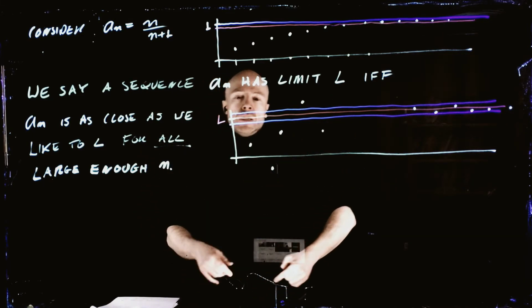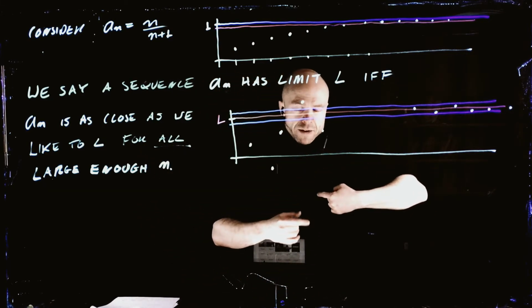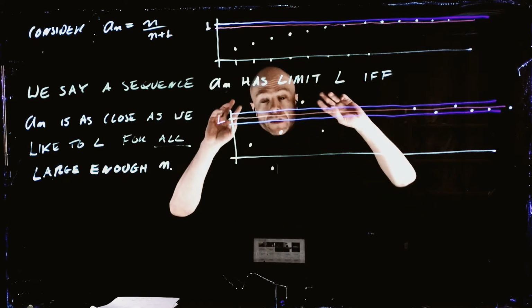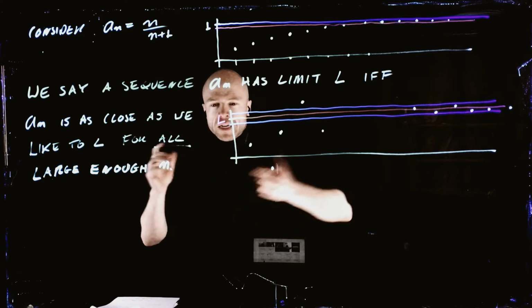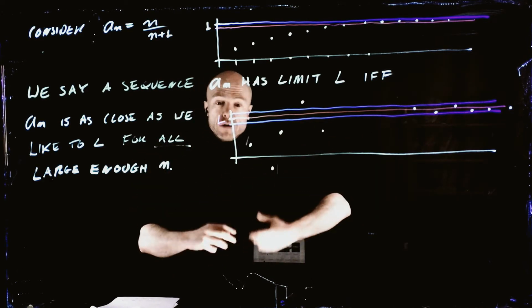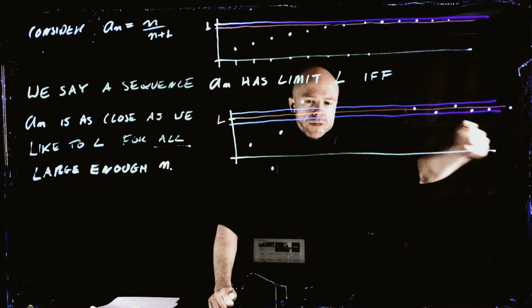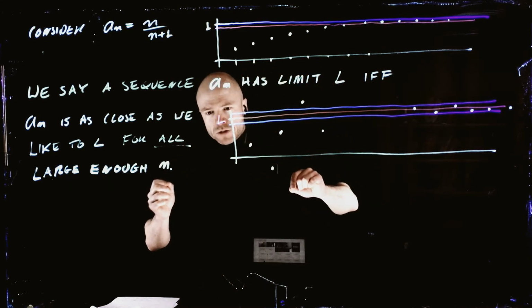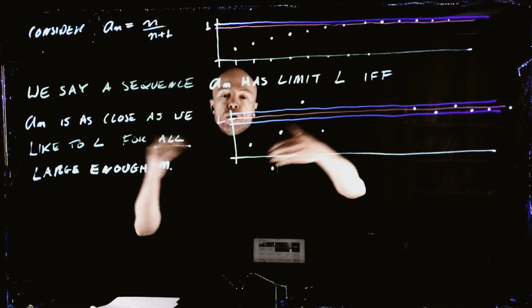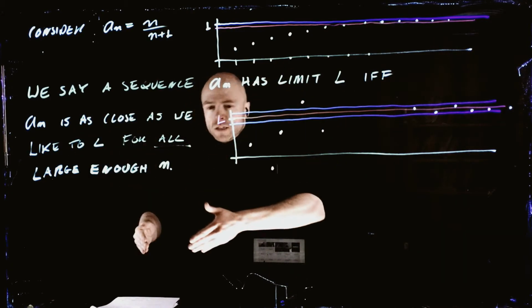That's the deal. What you've just done is that you've made an agreement. You've made a contract with your boss that you can guarantee the accuracy within anything that he asks you, so long as you have enough computer time. Maybe it's going to take you 100 hours to get you within 0.5 accuracy or 0.2 accuracy. But that's fine because that's the deal that you've made.